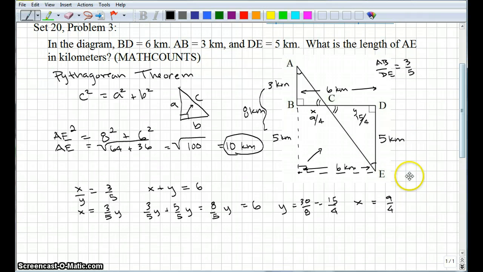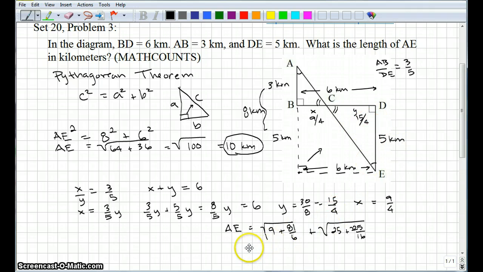It gets a little messy, but essentially we could write AE as the square root of 3 squared, which is 9, plus 9/4 squared, which is 81/16, all under a square root, plus the square root of 5 squared, which is 25, plus 15/4 squared, which is 225 over 16. I'm just taking this leg squared and this leg squared.